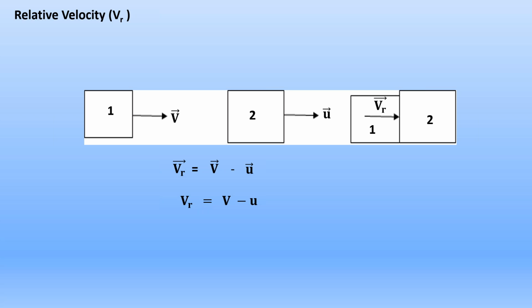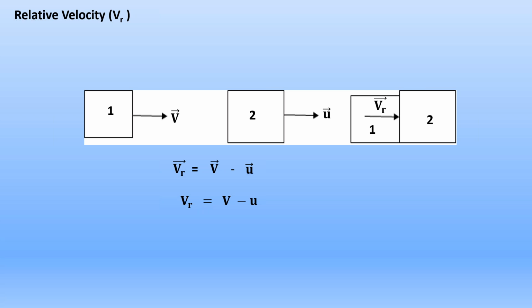Definitely in the lower classes in physics, you might have studied this absolute velocity. In this diagram, v̄ is called the absolute velocity of the first body, ū is called the absolute velocity of the second body.